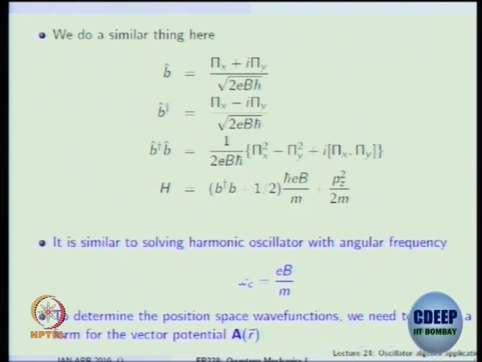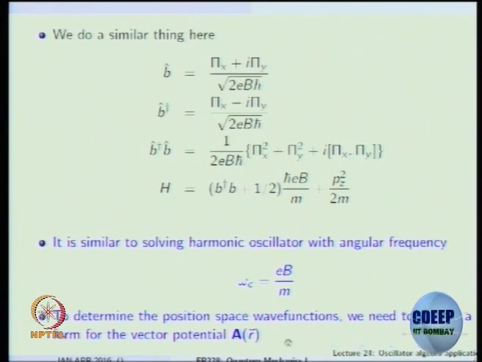If you recall, we worked out the position space wave function. We took an ansatz trial function for it, but if you want to work it out, you have to make a gauge choice.